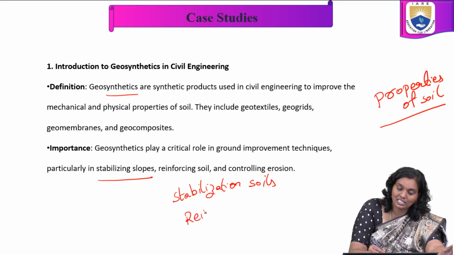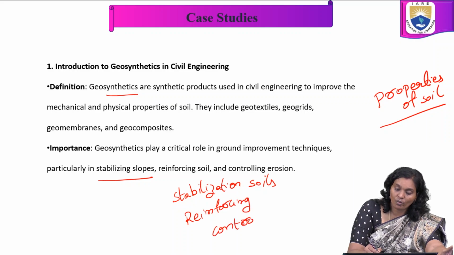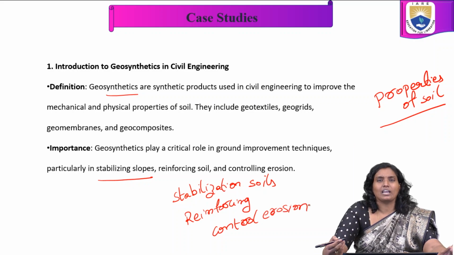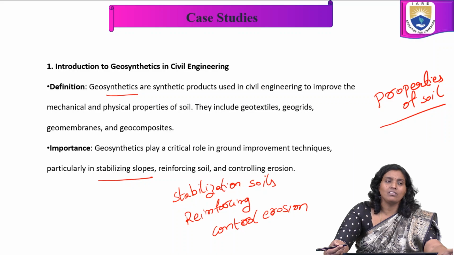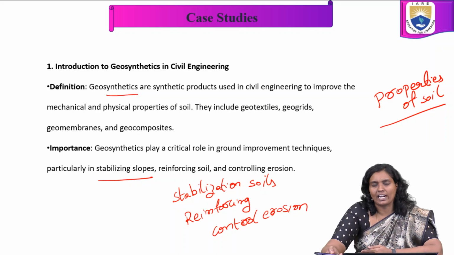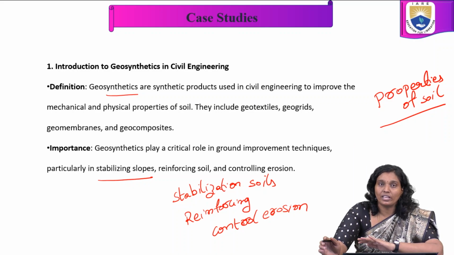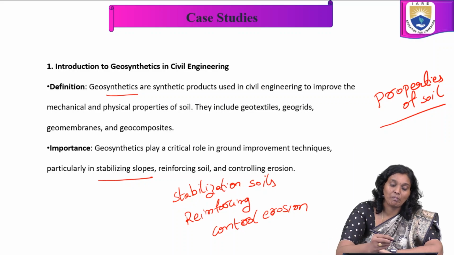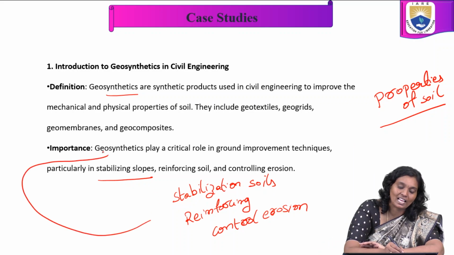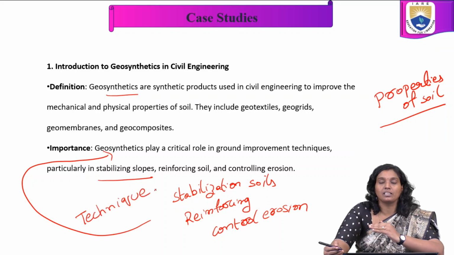Otherwise, reinforcement may be required, and control of erosion is also required in some scenarios for getting the construction work done. Various characteristics are involved. In those scenarios, we may choose geosynthetics as one of the ground improvement techniques. It plays a role in these kinds of scenarios.